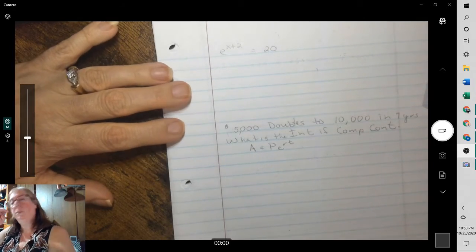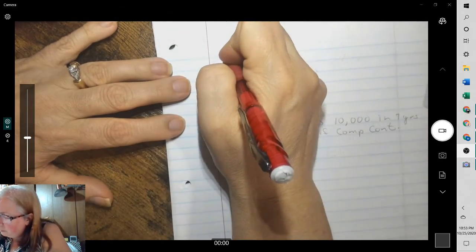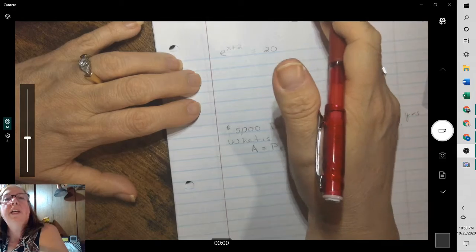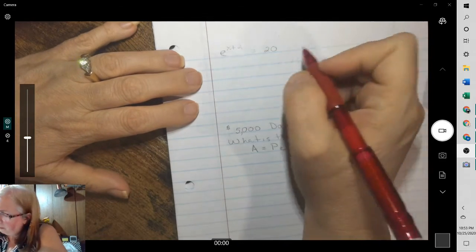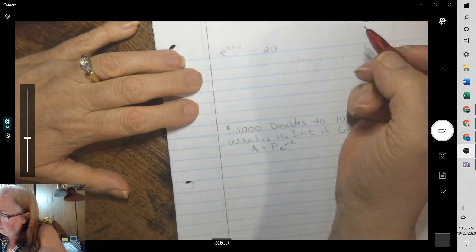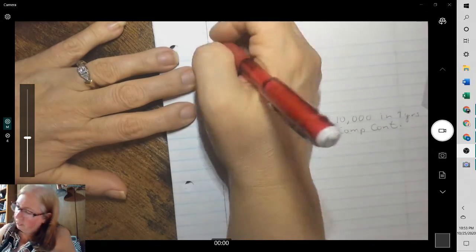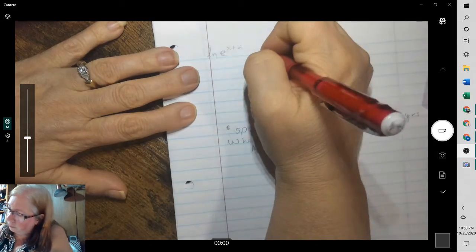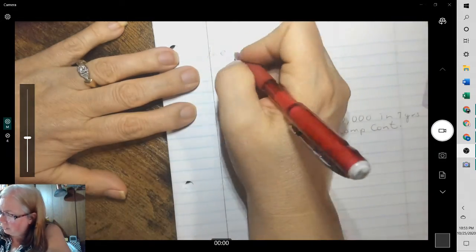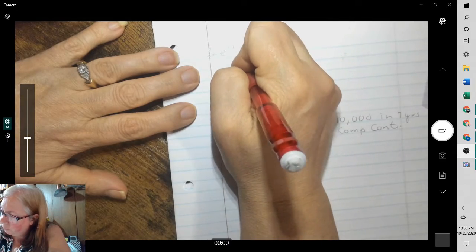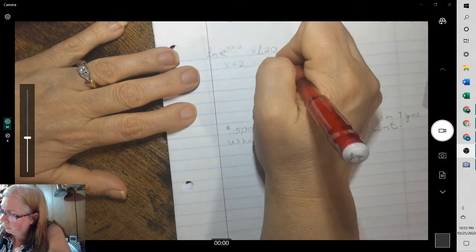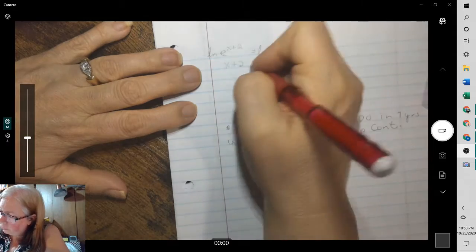Okay, another one we're trying to solve. e to the x plus 2 equals 20. To get rid of the e, we take the natural log. Cancels and leaves x plus 2 equal to the natural log of 20. Subtract the 2.